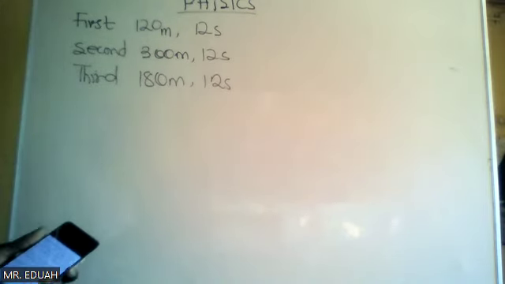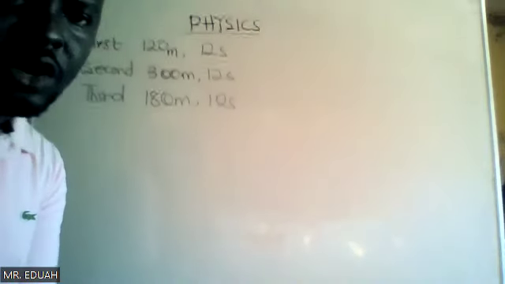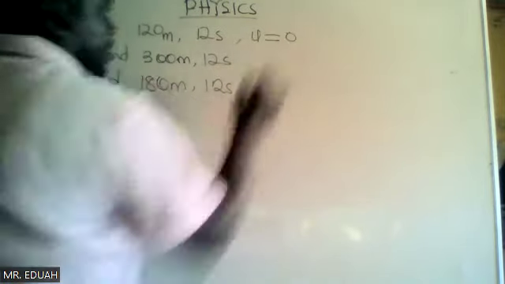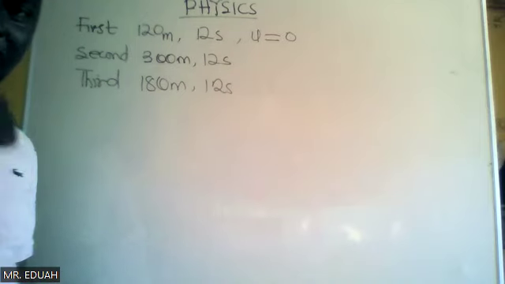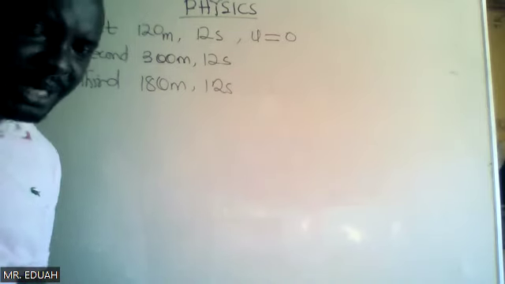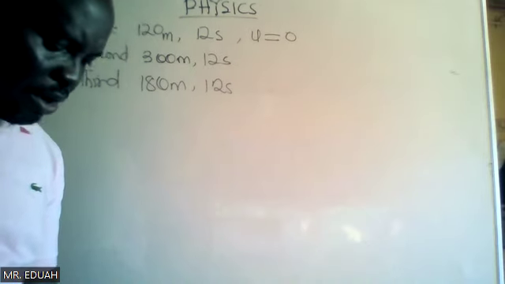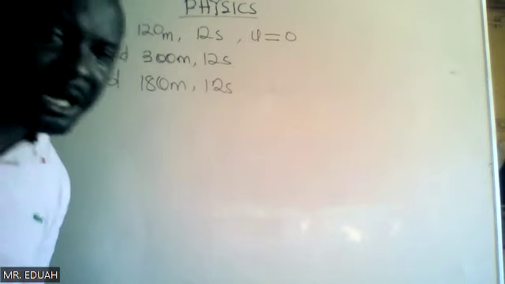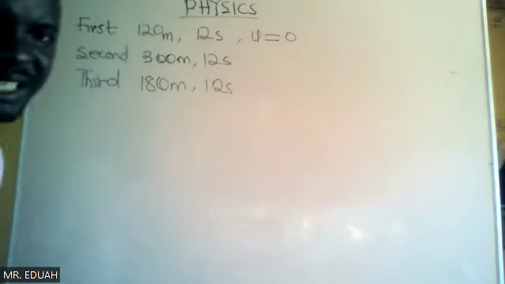We were told that the body starts from rest, meaning for the first part of the motion, the initial velocity u is 0. The final velocity we don't know, and we are asked to determine the final velocity at the end of each successive interval.